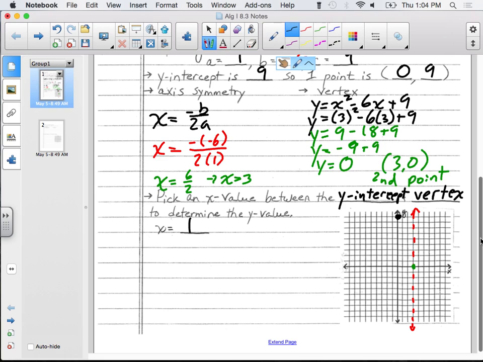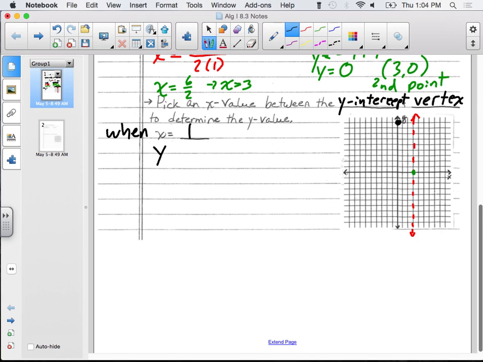So when x equals 1, I'm going to put that in there. We have our function y equals x squared minus 6x plus 9. We just substituted in for x.